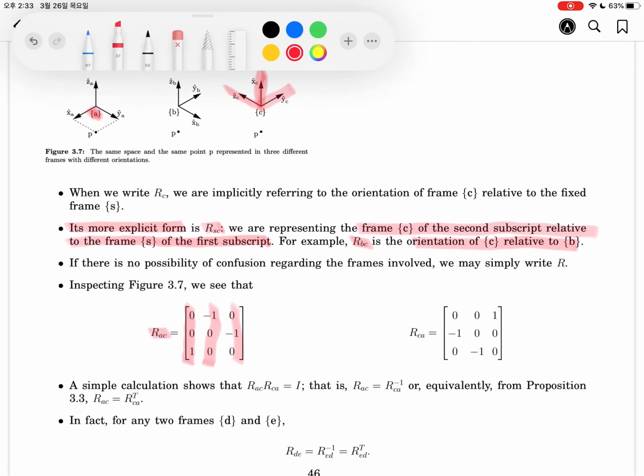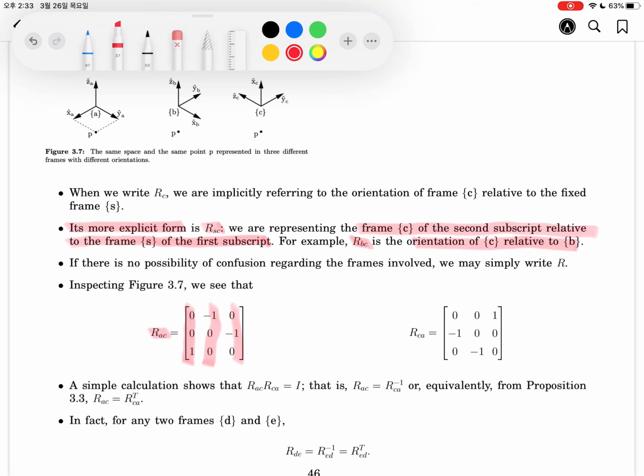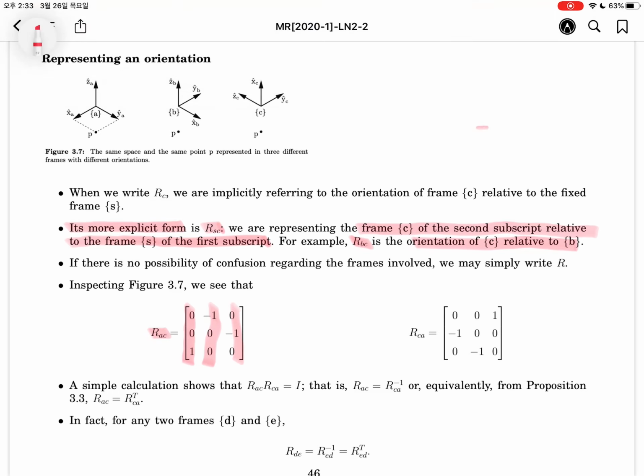Okay, let's read it again. In the case of RCA, it means frame A relative to C, in the inverse way. Let's read XA in terms of the C frame.